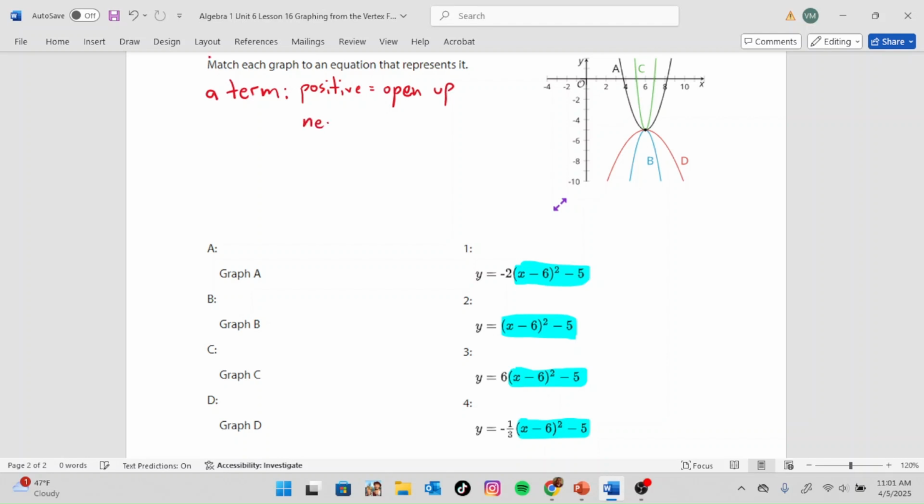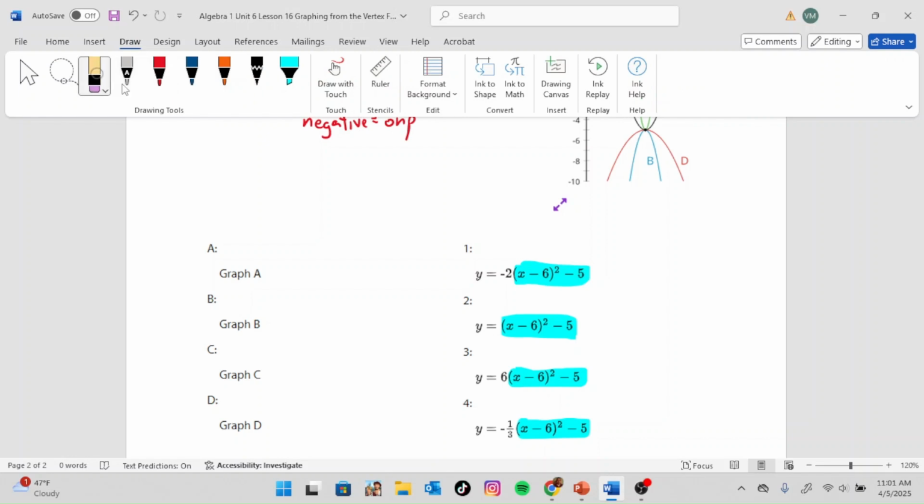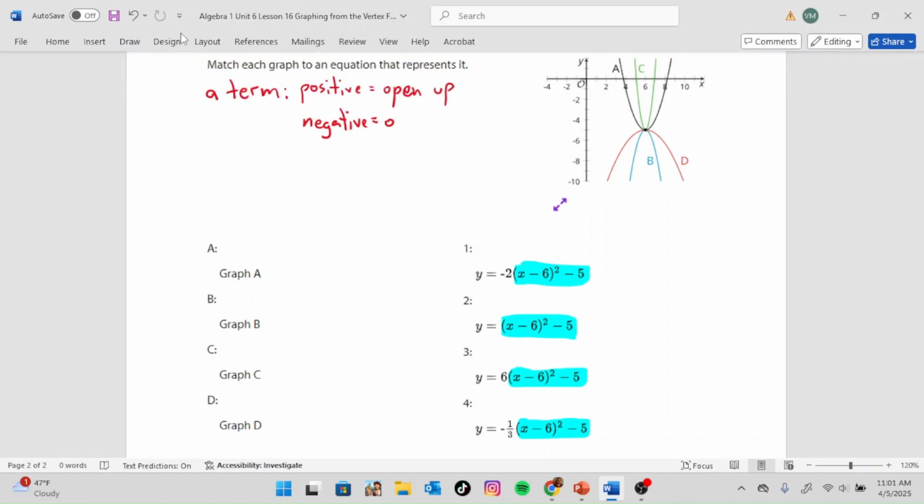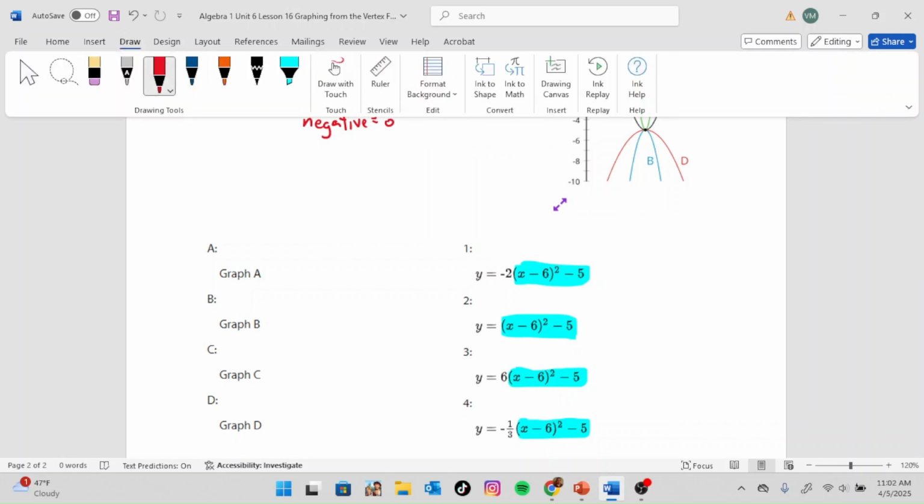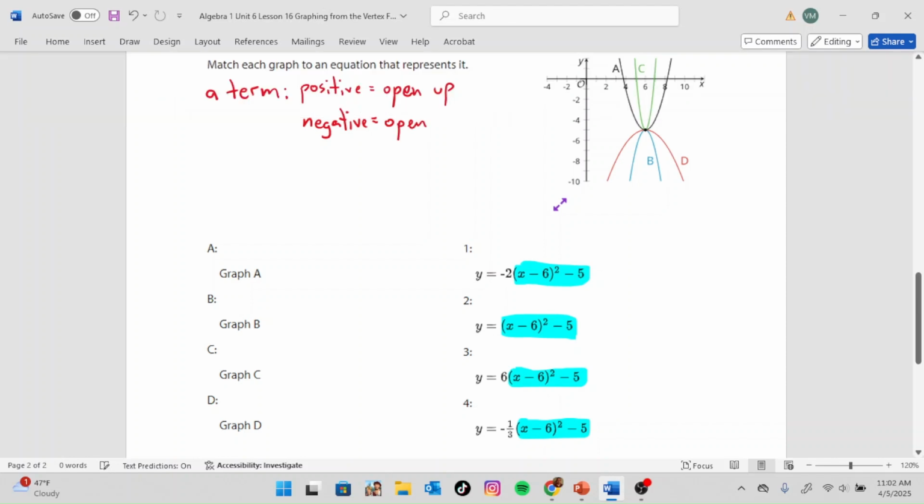If it's negative, then it opens down. And the number tells how fast it's growing.